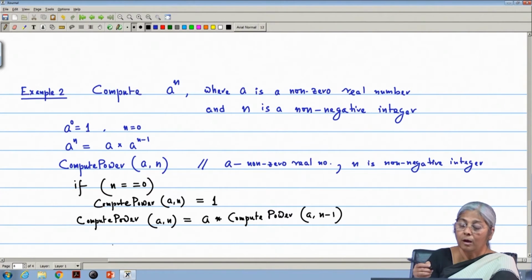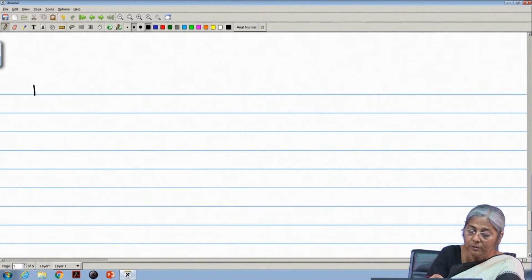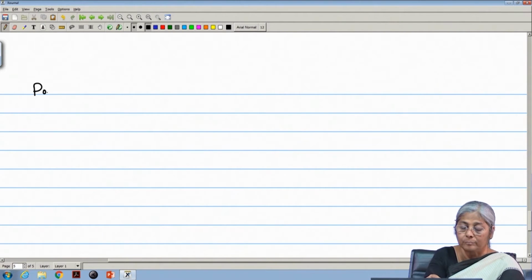Now, how can we prove that it is giving a correct result? That means, proving a recursive algorithm correct.